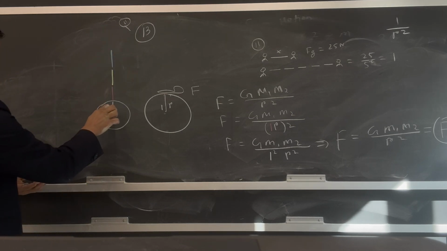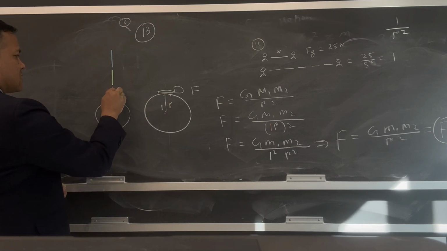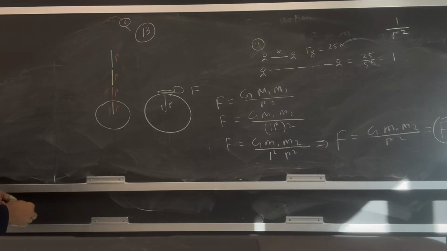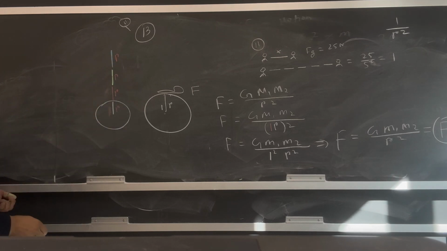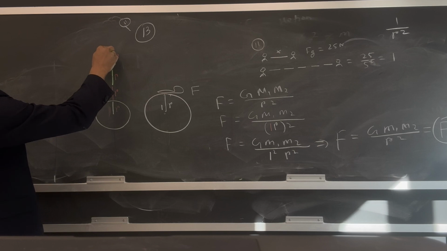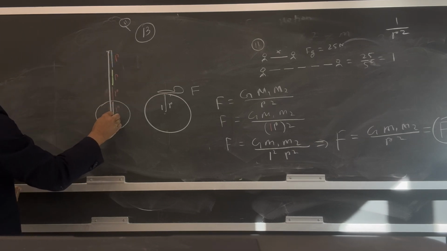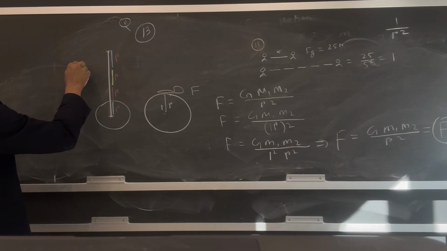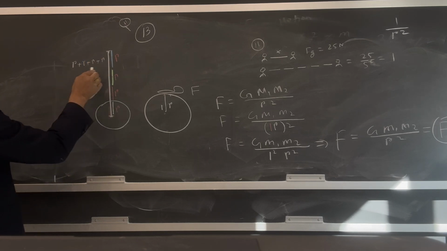So now let's write the radii. This one, this is another one, this is another one, this is another one. Let's count 1, 2, 3, 4. Okay, so if you draw a line, then now instead of writing r, you can write r plus r plus r plus r, or you can write 4r.